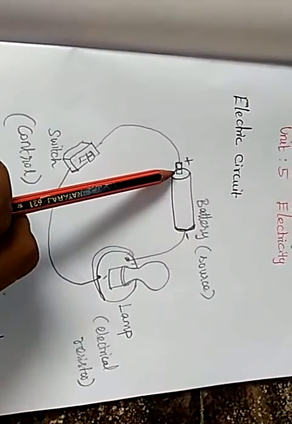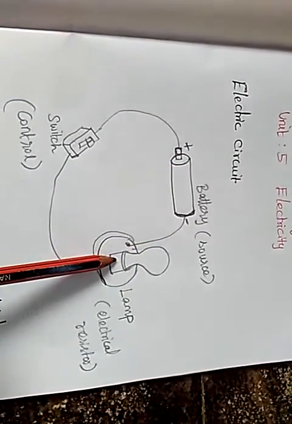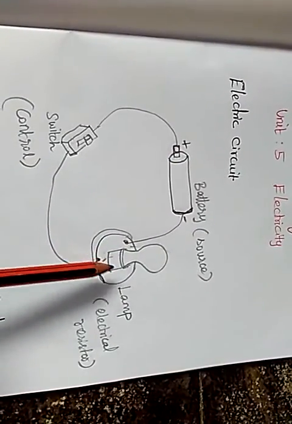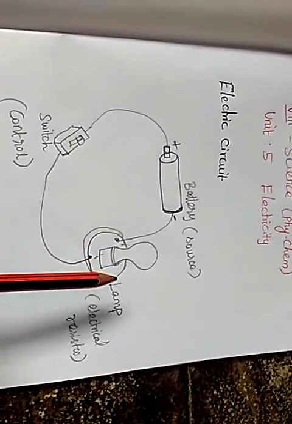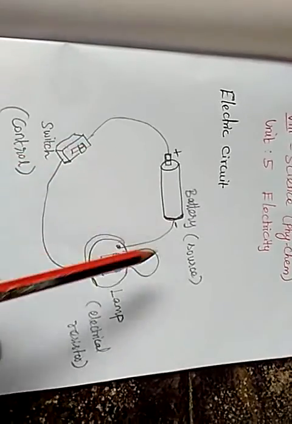So the lamp glows when the current is flowing through its filament.